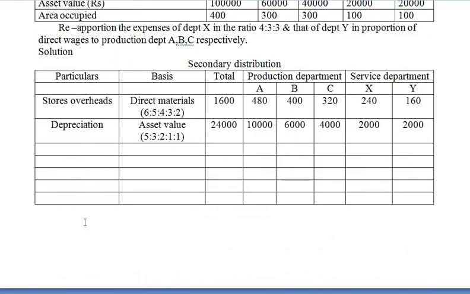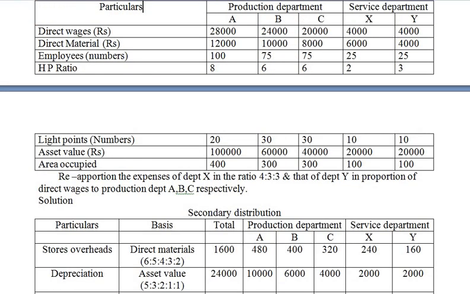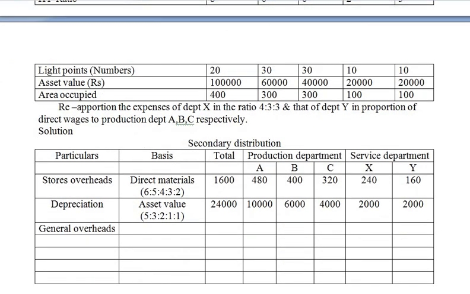Now next is general overheads. Now general overheads is related to what? If any expense is not related to any of the information they have given in the problem, then we need to take it as direct wages.